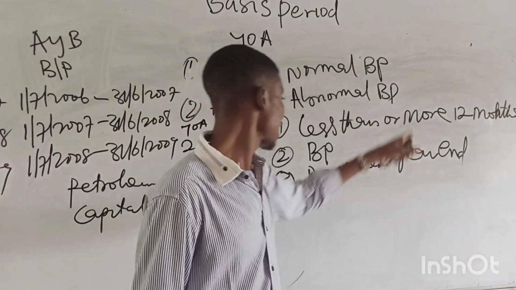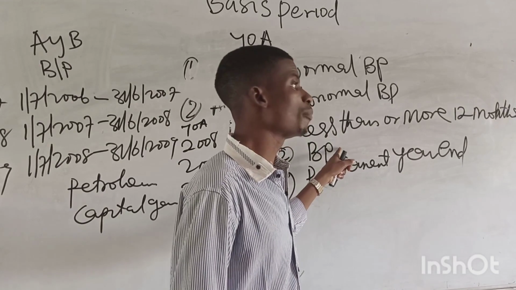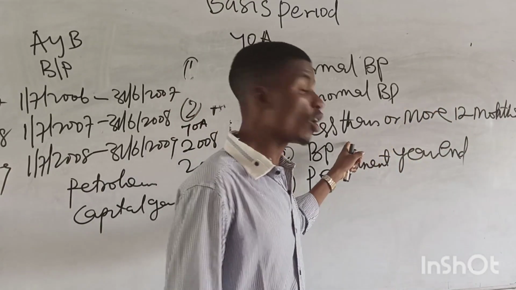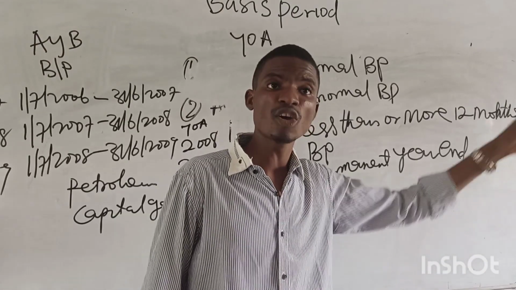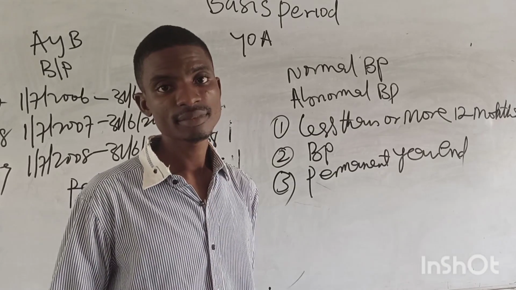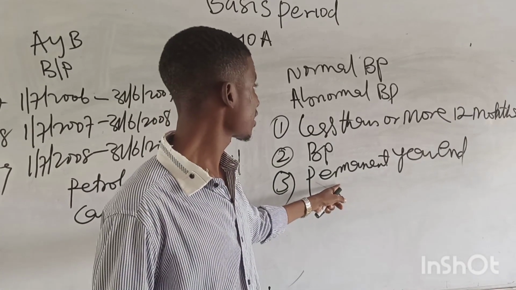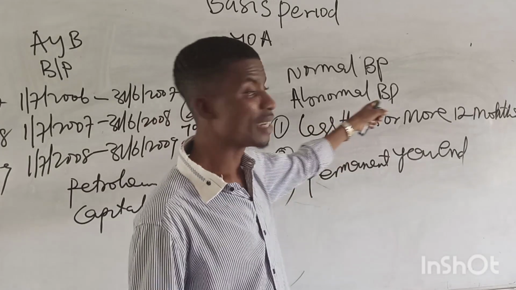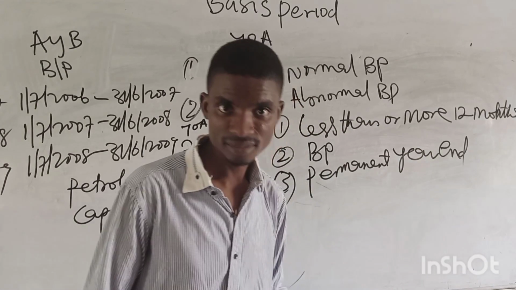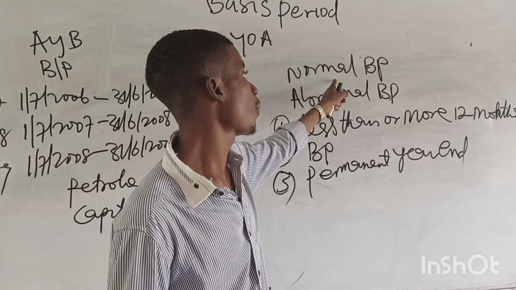Number 2, the business may not commence operation a day after they close their previous accounting date. It can commence at any time. The last one is that under abnormal basis period, it may not have a permanent year end as in the case of normal basis period.